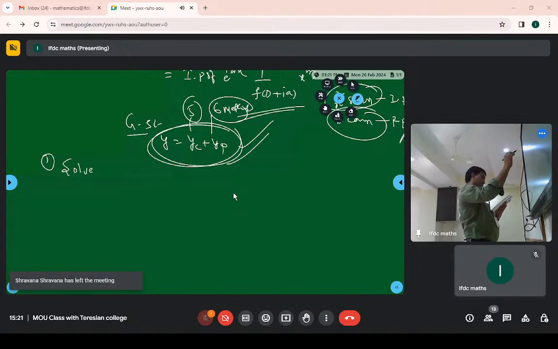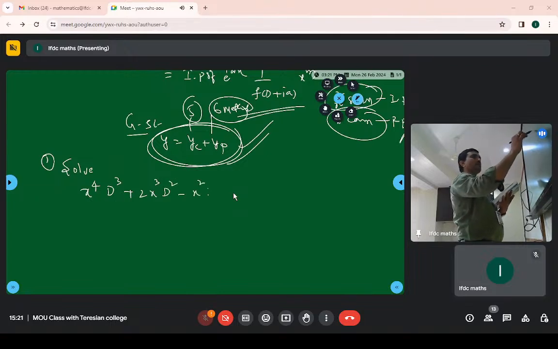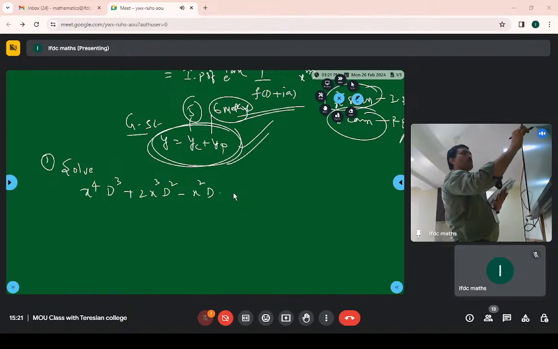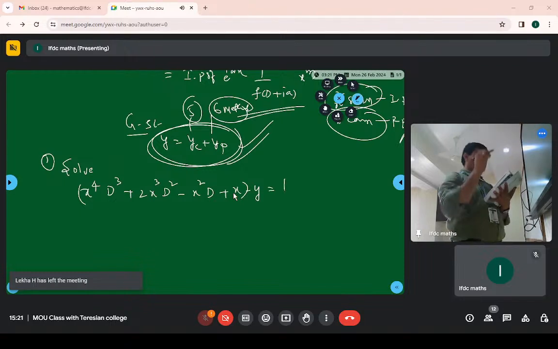Solve x power 4 into d cube plus 2x cube into d square minus x square into d plus x, whole into y is equal to 1.